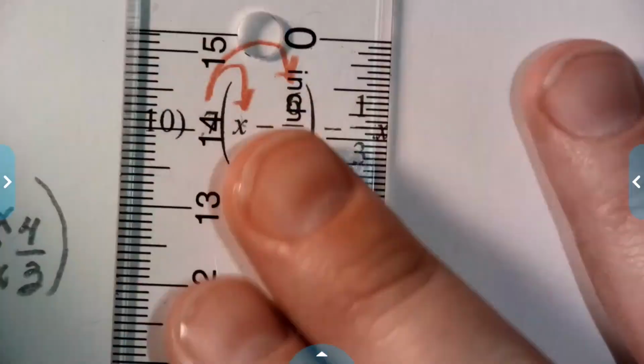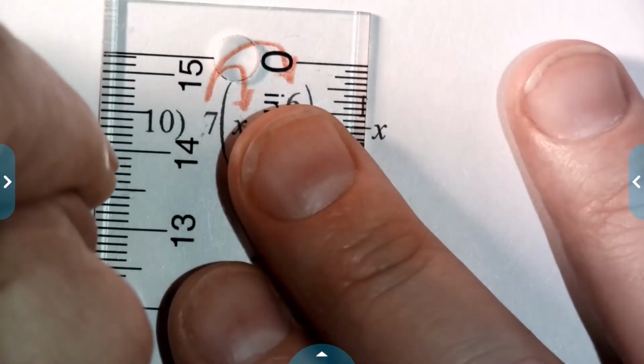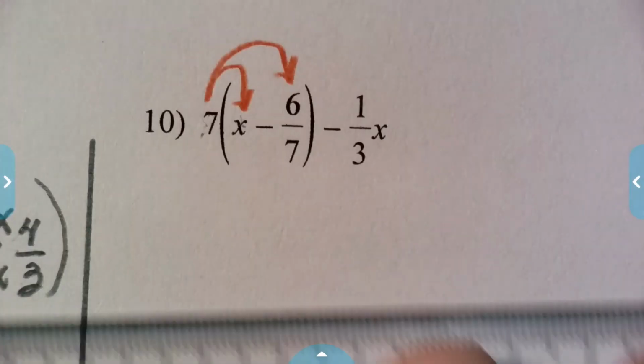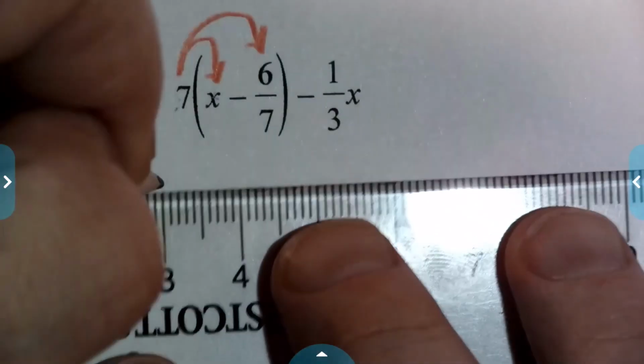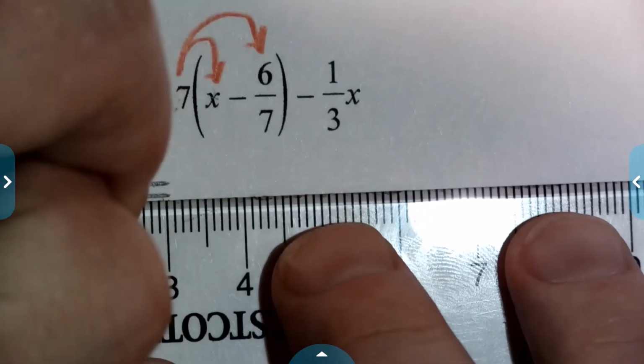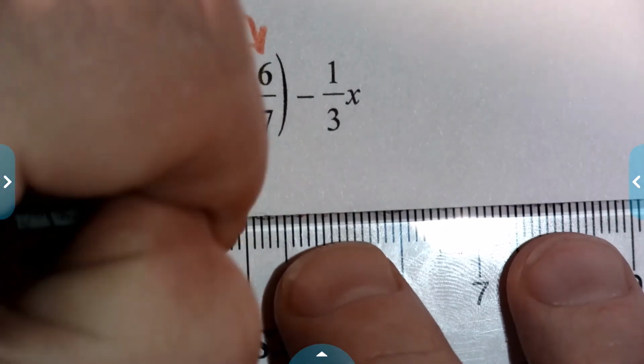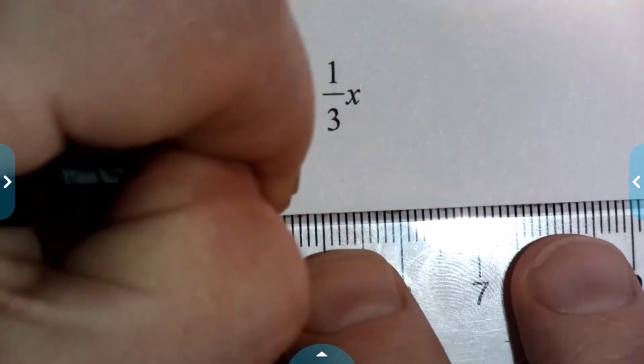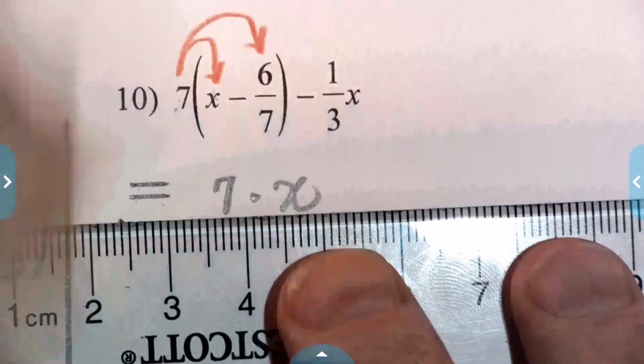Okay, we're going to put a mark there. Okay, here we go. So I have 7 times x plus 7 over 1.